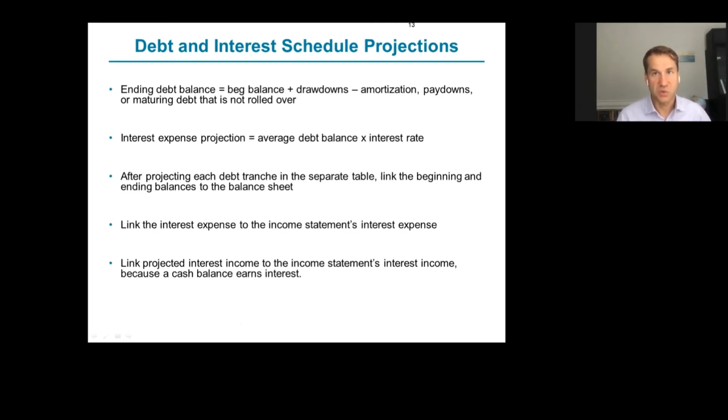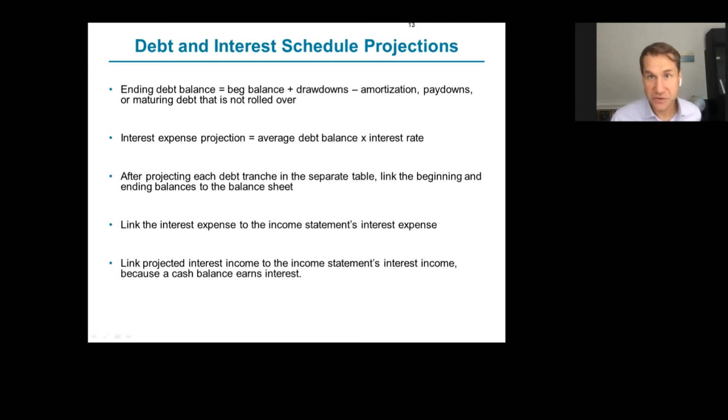Drawdown is when we add debt, so the debt balance goes up. Pay down is paying down the debt, so the balance will go down because of that. And then ending balance is just beginning balance plus drawdown or minus pay down. Very simple schedule. Sometimes I get questions on it, but there's nothing complex about that schedule.